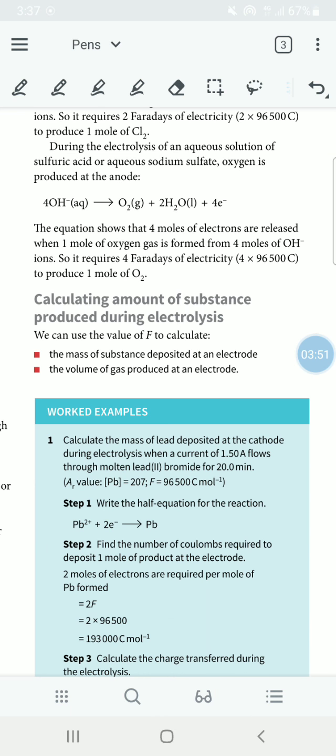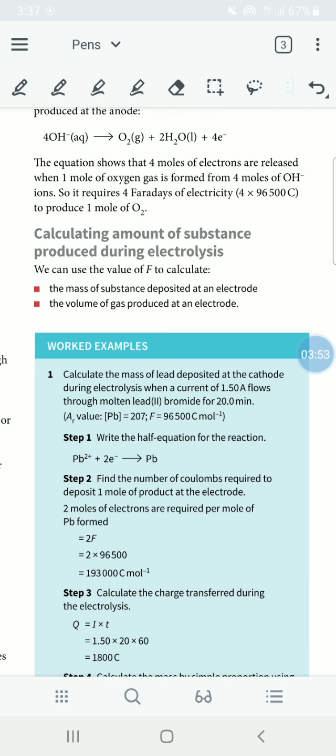Right? So now we have to go into the practical aspect of it, or the calculation part of this. If the F has been given, we can find out the mass of substance deposited at an electrode or the volume of gas produced at an electrode. Whatever it is, we can find out the number of moles.